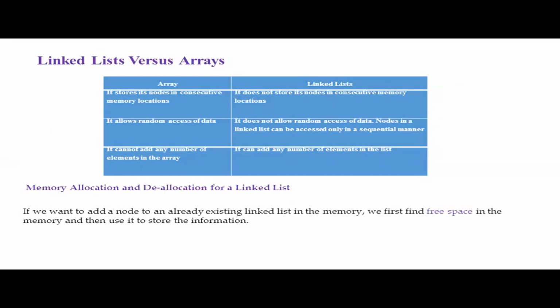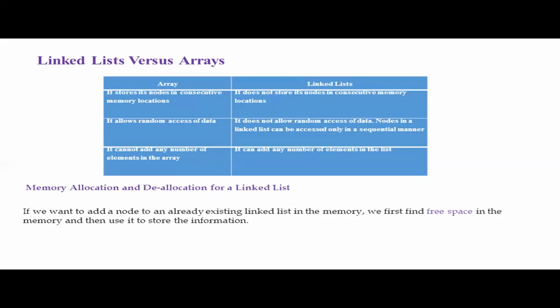They must be stored in consecutive memory locations. The space must be continuously available. You can store the elements in a continuous space. You cannot go for random locations. But in a linked list, you can store the elements in any random location.